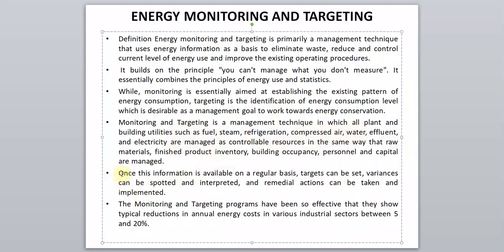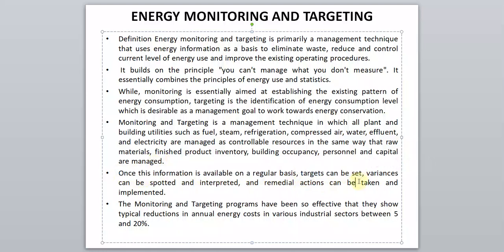Next, we are going to gather all the information, like monitoring of energy and the actual real time measurement and identification of energy. Once the information is available on a regular basis, we can set some targets.